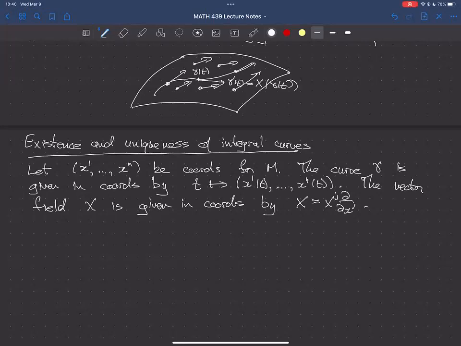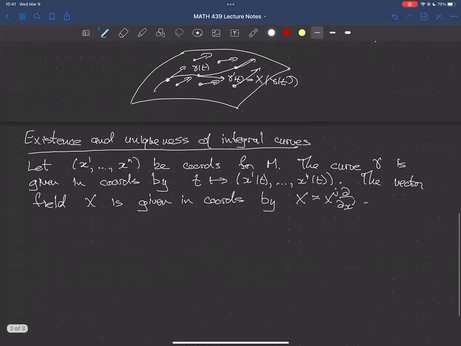You write it in terms of the basis vector fields, ∂/∂x^j, in the usual way. And then the capital X^j's, these are what we call the components of X.